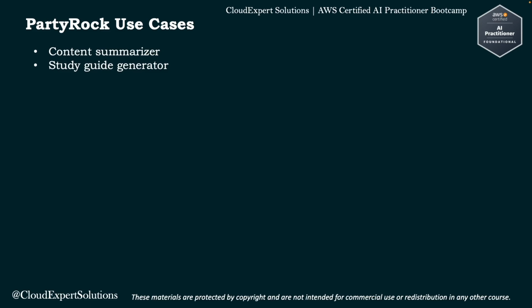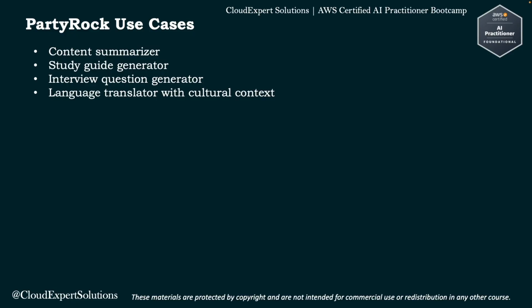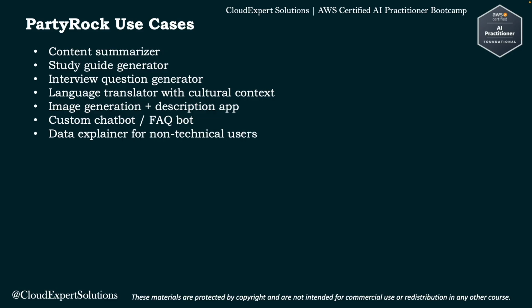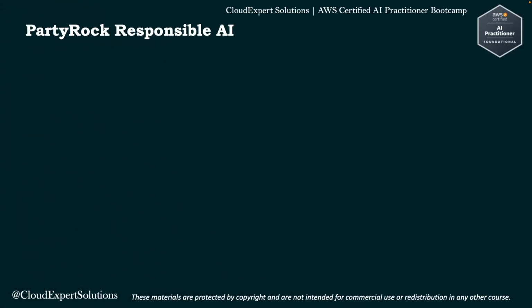If you want some interview practice, you can generate an interview prep tool, or maybe a language translator, or an image generator app where users describe a scene and get a visual output. You could also build a custom chatbot for a specific domain, or a data explainer for non-technical users, all without any line of code.